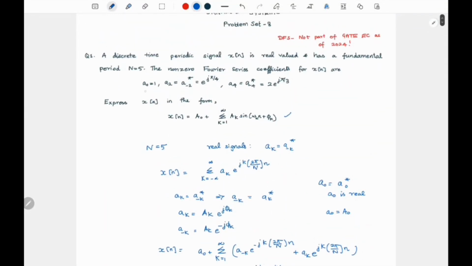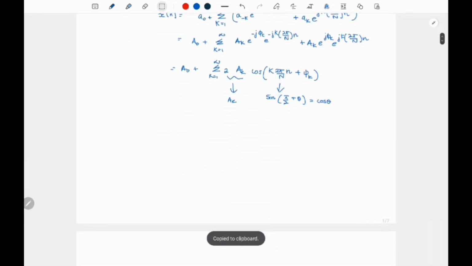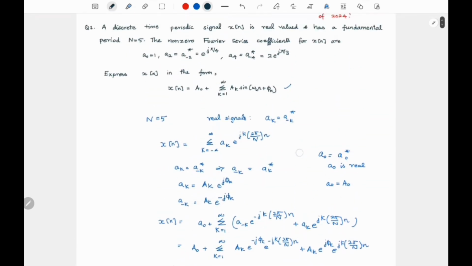And let us see how to do it for this case. So we have these coefficients. This is e^{j pi by 4}.